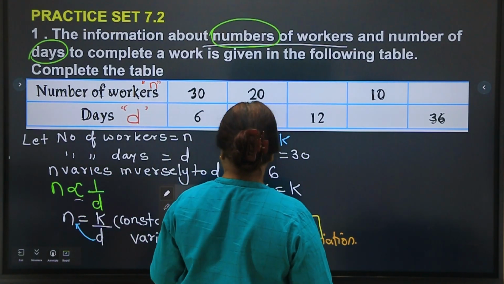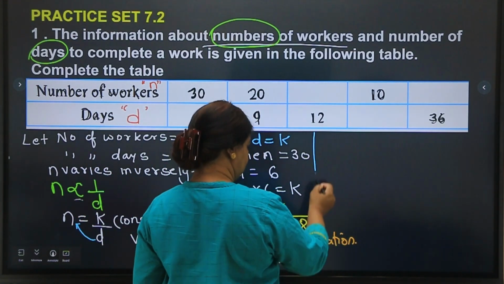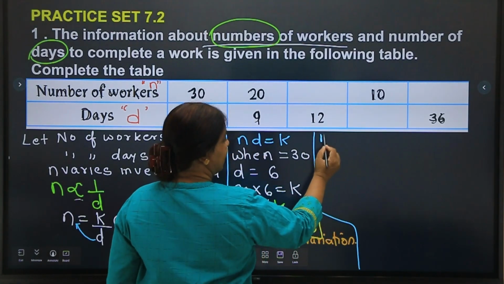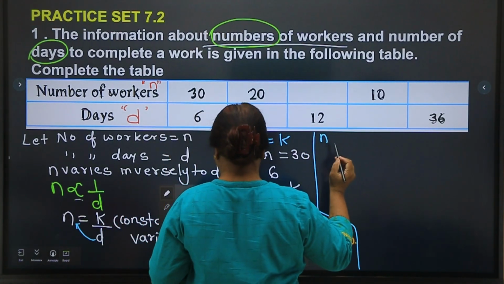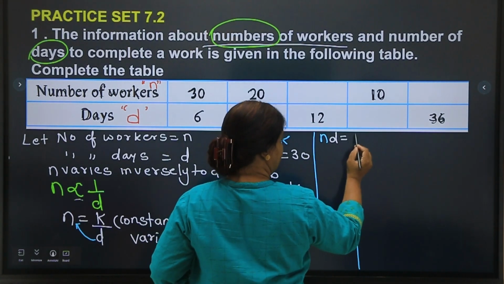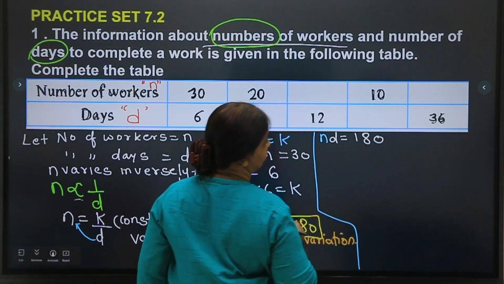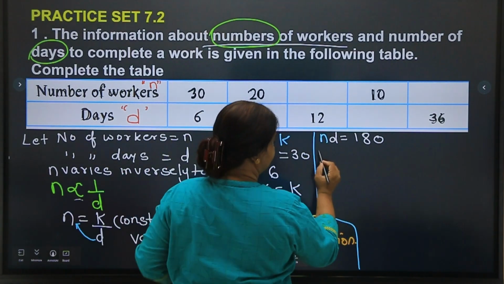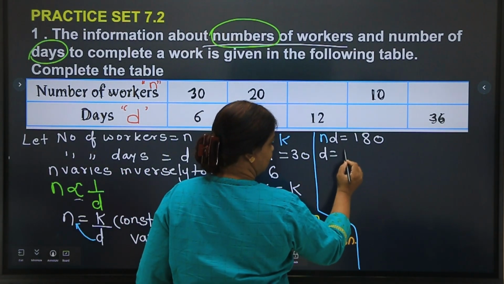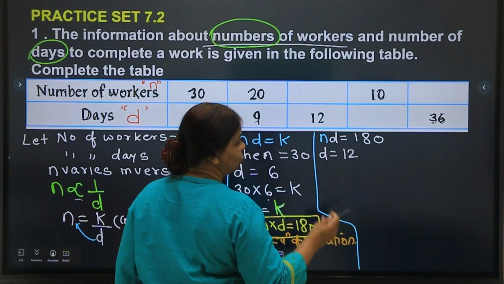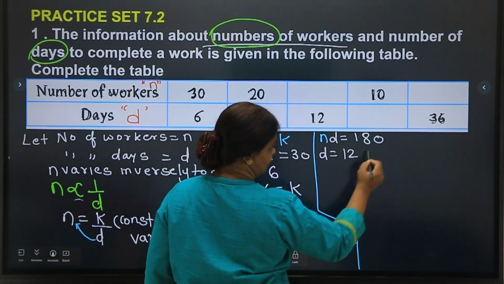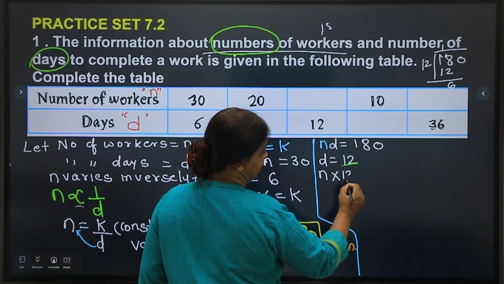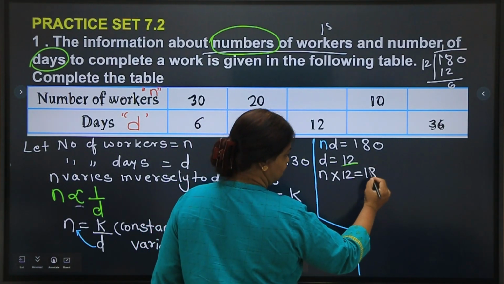Let us use that. nd is equal to 180, and when d is 12, find the n value. n into 12 is equal to 180.